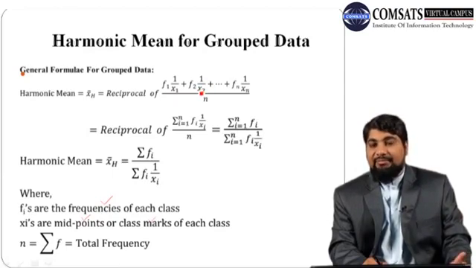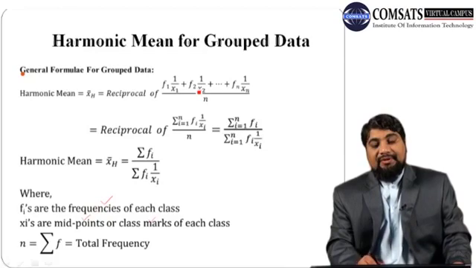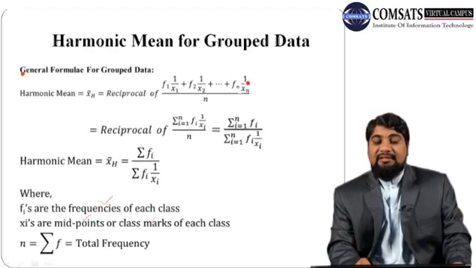And remember that the midpoint is calculated by adding the lower and upper class limits and then dividing this sum by 2. So just add the lower and upper class limit, divide by 2, and you will get the midpoint or class mark. Similarly, the last class has frequency fn and the last class midpoint xn. So fn into 1 over xn, and then whole divided by n.